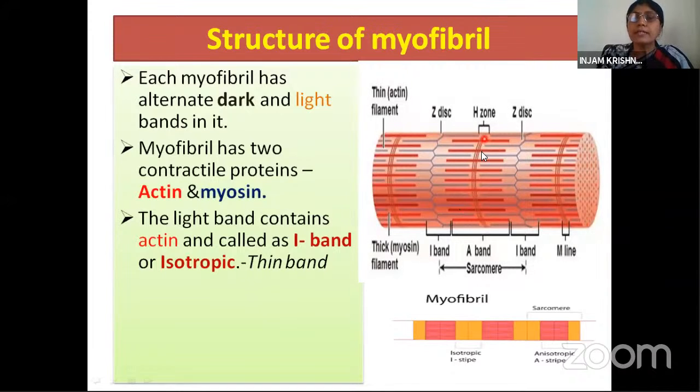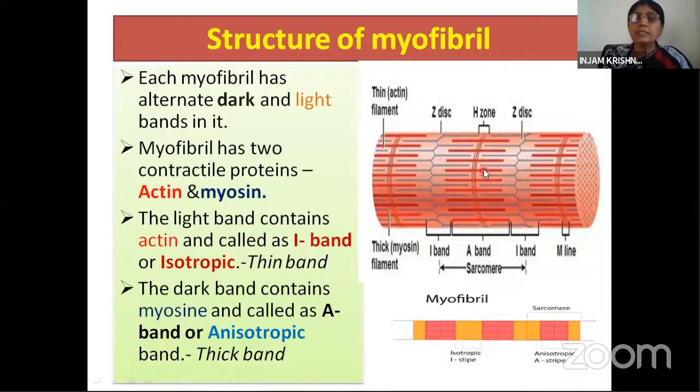Next one is the dark one. The dark one is the myosin filament. Here you can observe the red lines. Those are myosin and the blue lines are actin. Here they overlap, and a little bit at the center is not overlapped. Only myosin is present.